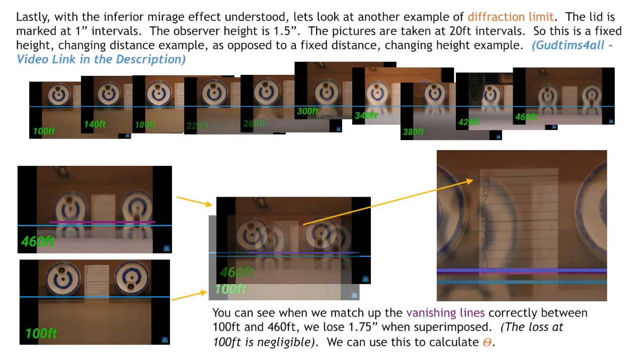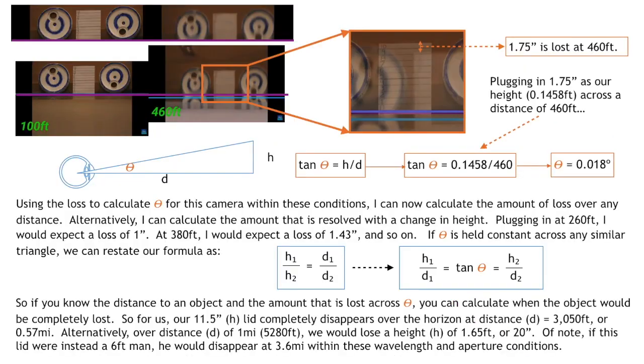And again, you can use this to then calculate theta for this particular wavelength, diameter, and aperture camera. So we'll do that here. Again, this 1.75 inches is lost at 460 feet, so we plug in 1.75 inches as our height, which is 0.1458 feet across a distance of 460 feet.